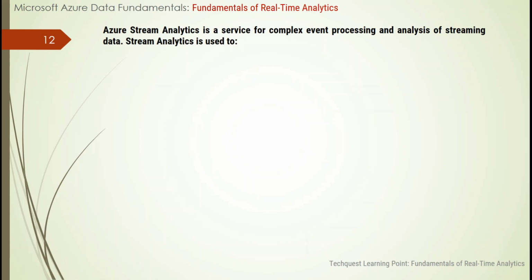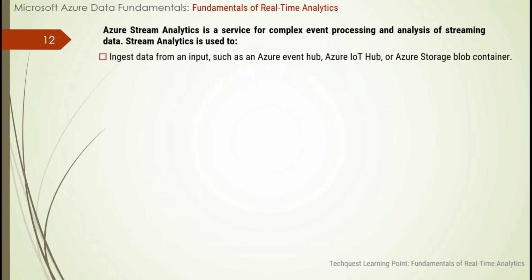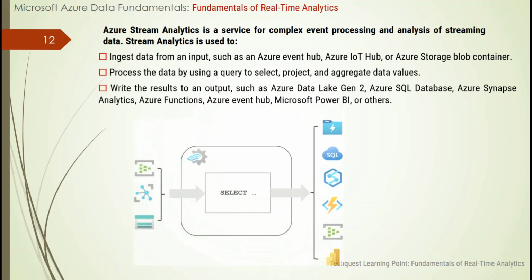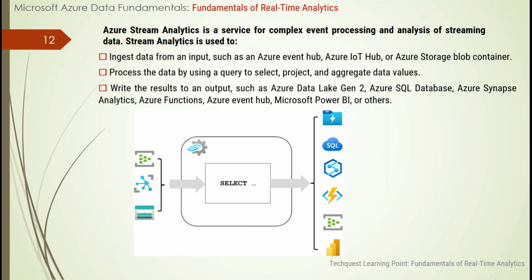Stream Analytics is used to ingest data from an input such as an Azure Event Hub, Azure IoT Hub, or Azure Storage Blob container; process the data by using a query to select, project, and aggregate data values; and write the results to an output such as Azure Data Lake Gen 2, Azure SQL Database, Azure Synapse Analytics, Azure Functions, Azure Event Hub, Microsoft Power BI, or others.